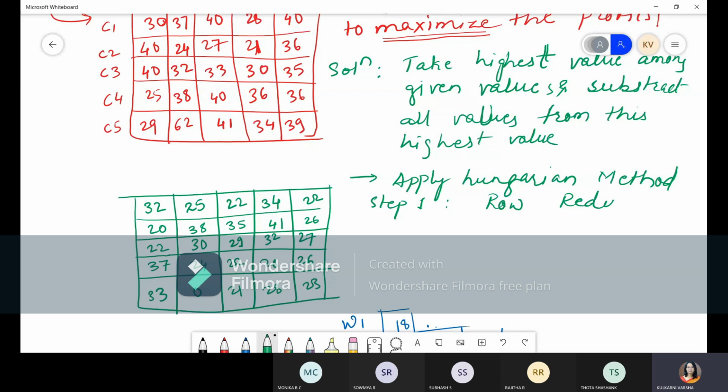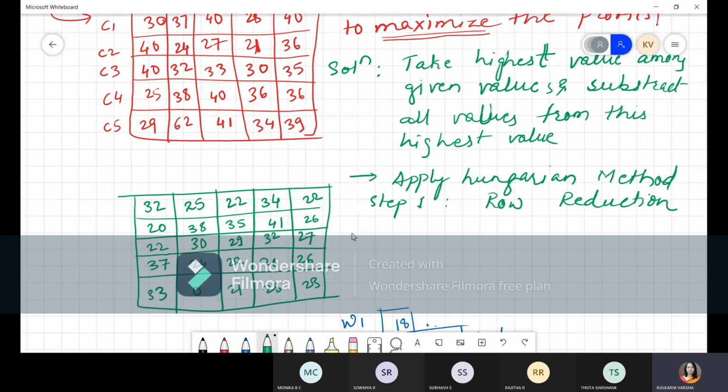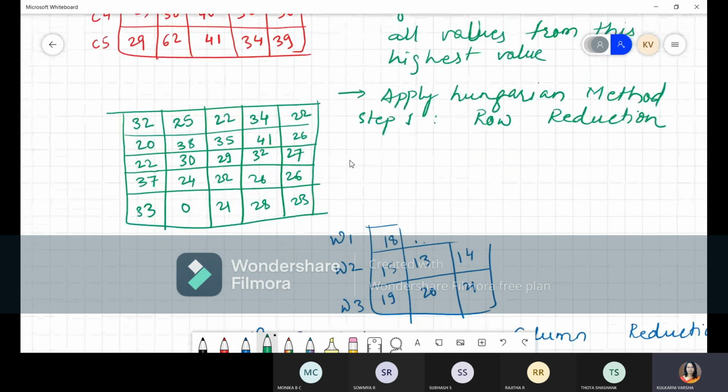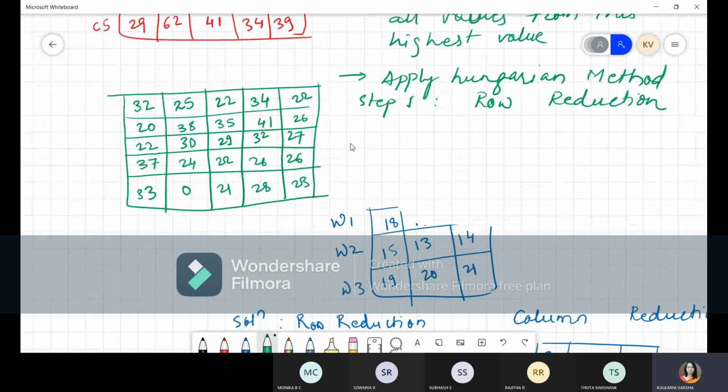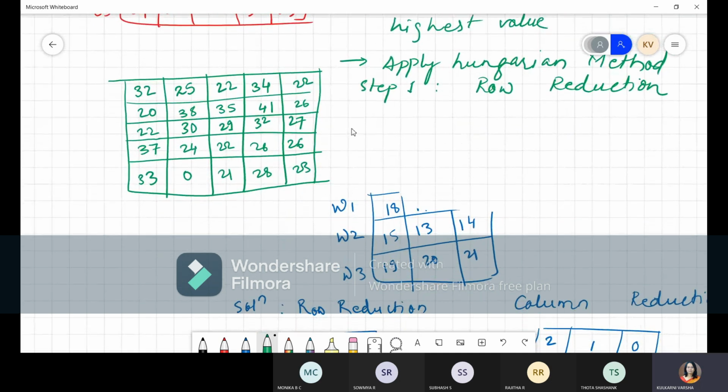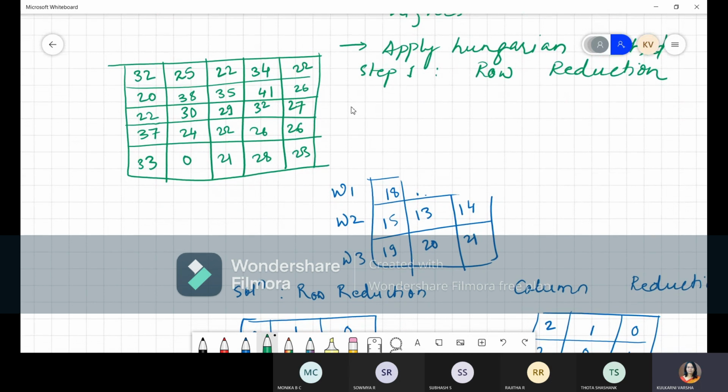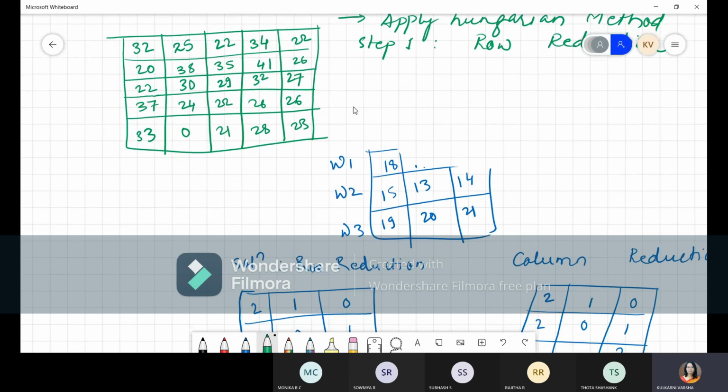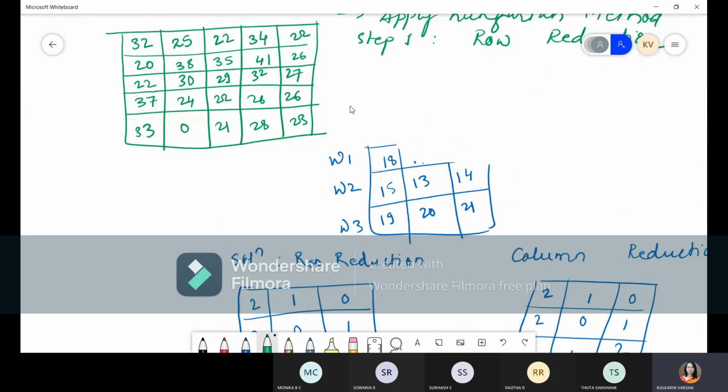So go for the row reduction. Now everything is same. Only what we are doing to convert that maximization problem into a minimization, we are finding out the highest maximum number, and from that number we are subtracting all the values. And then once we get that new matrix, we have to apply the Hungarian method.